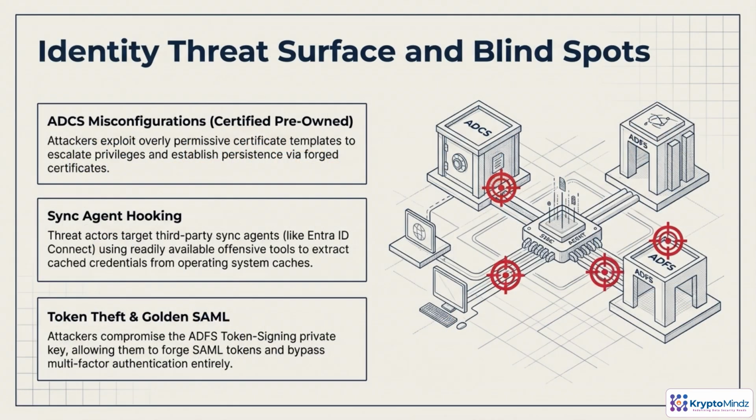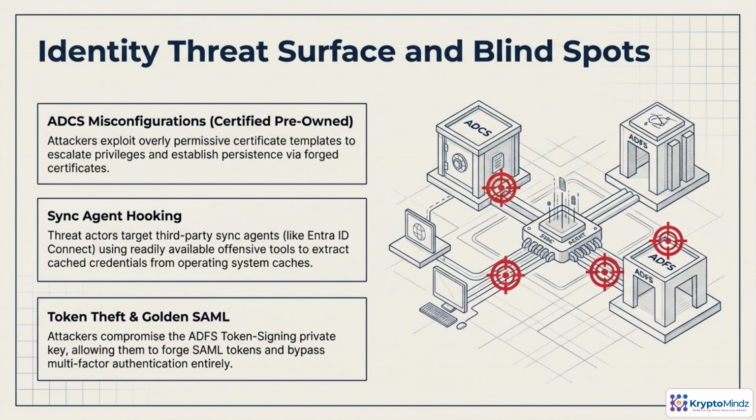Introducing AD CS and ADFS also expands your identity attack surface in three important ways. First, AD CS misconfigurations. If certificate templates are too permissive, an attacker who compromises any domain account might enroll a certificate that lets them authenticate as a domain admin, then maintain that access with long-lived forged certificates. Second, sync agent hooking.